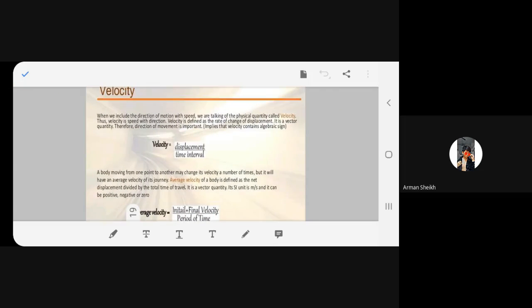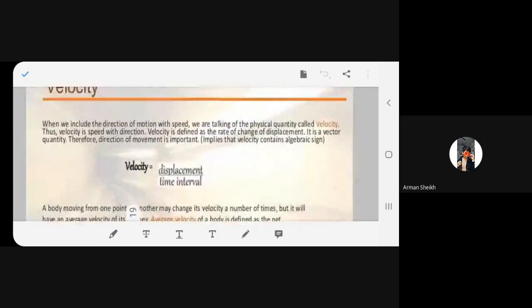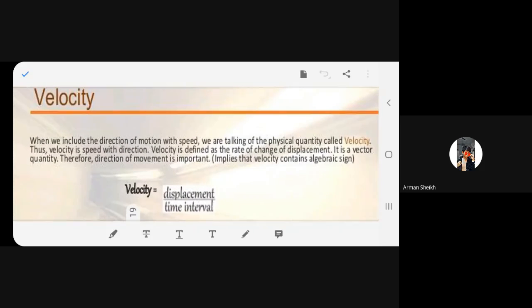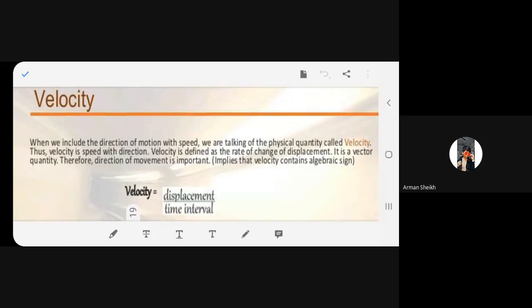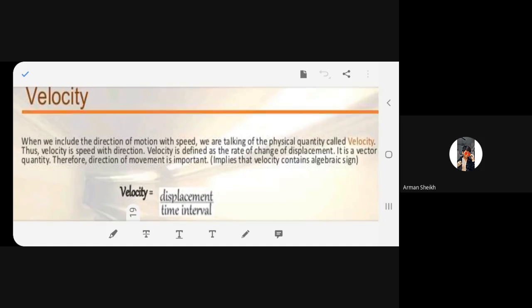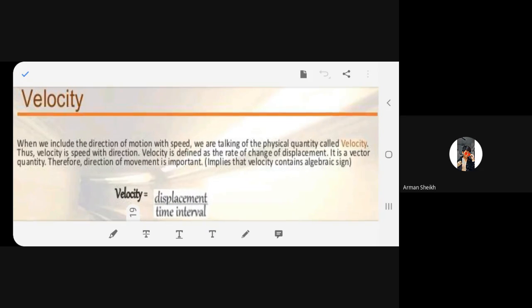If I take another slide, it is giving you something extra, and then you have to tell me what extra you got in this slide. If anyone wishes to read, let me know. All of you are welcome to read this slide.